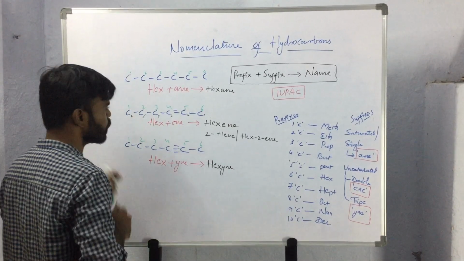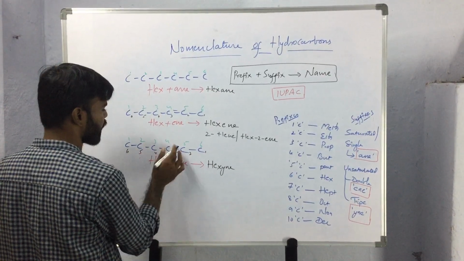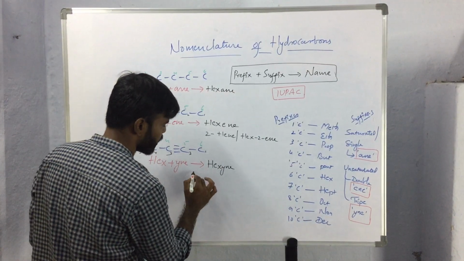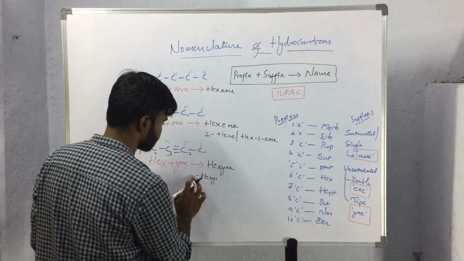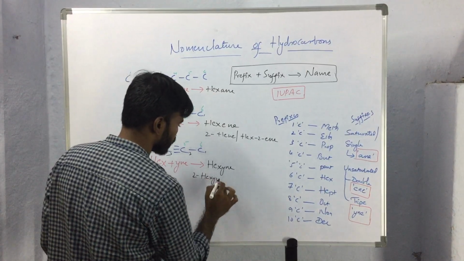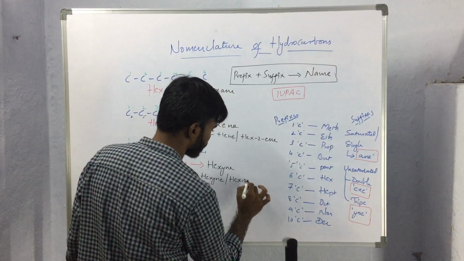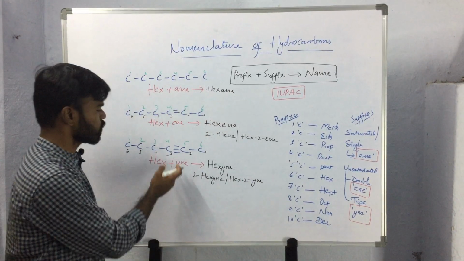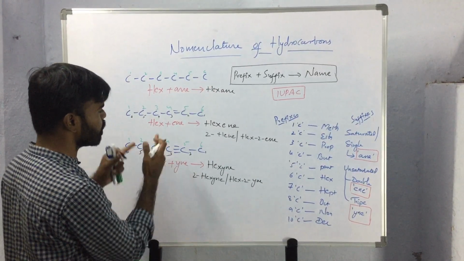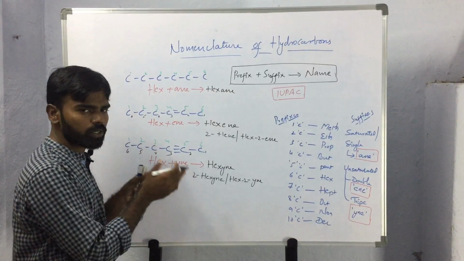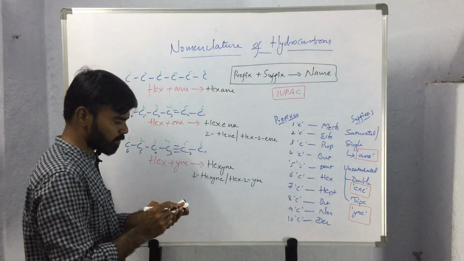In this case also, the second carbon atom is having the unsaturation, so the name of the compound will be 2-hexene or hex-2-yne. So this will be the name of the compound. This is how we will give the names to the simple saturated hydrocarbons and simple unsaturated hydrocarbons.